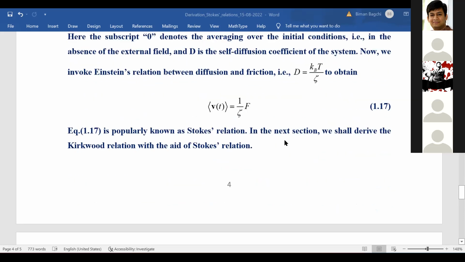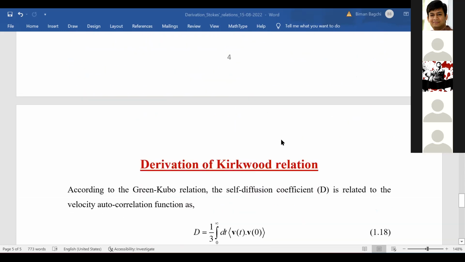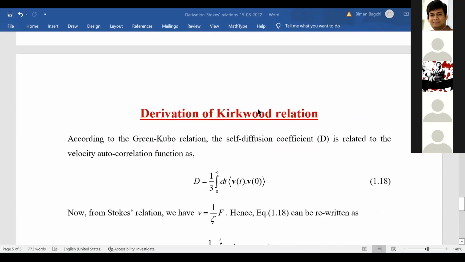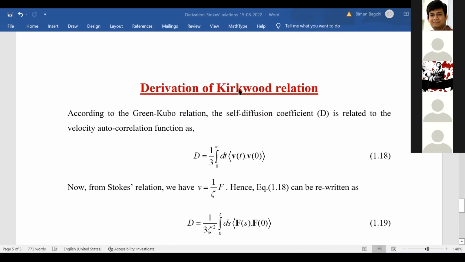Now I'll show you my one-line derivation of the Kirkwood formula. Every time I ask you some question or other, I derive the Kirkwood formula from linear response theory. Now D equals the integral of V of t, V0. Okay, now I have derived the Stokes relation, this is not linear response.